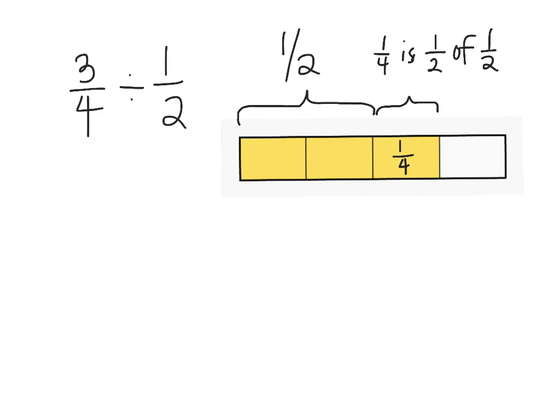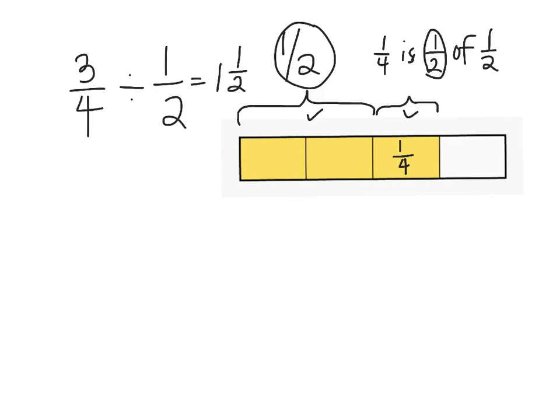So that's why if we're going to divide 3/4 by 1/2, we can say that we have 1.5 because you have a full half and a half of that. Okay, which is this one and that one.